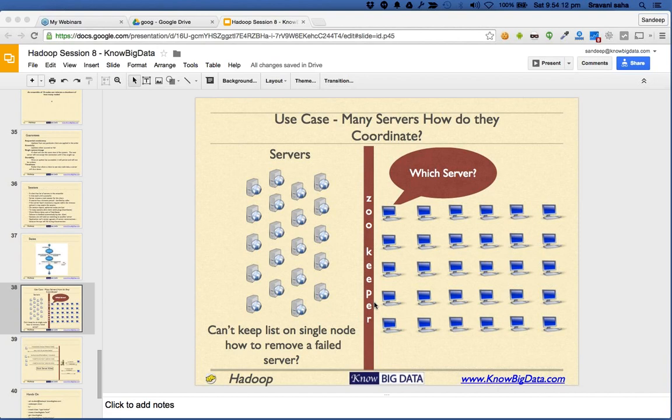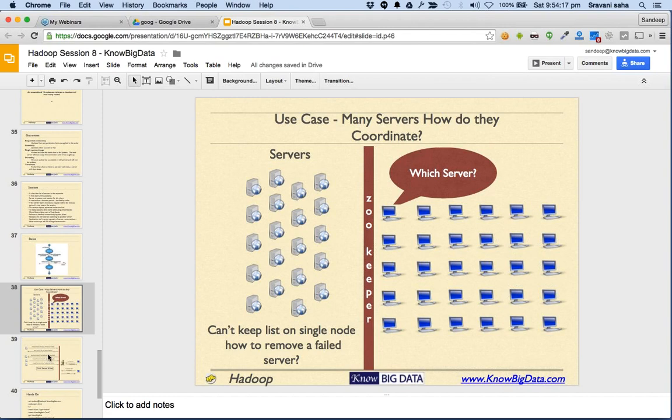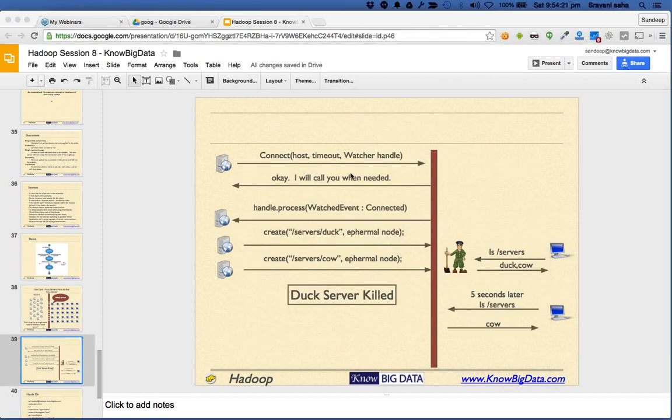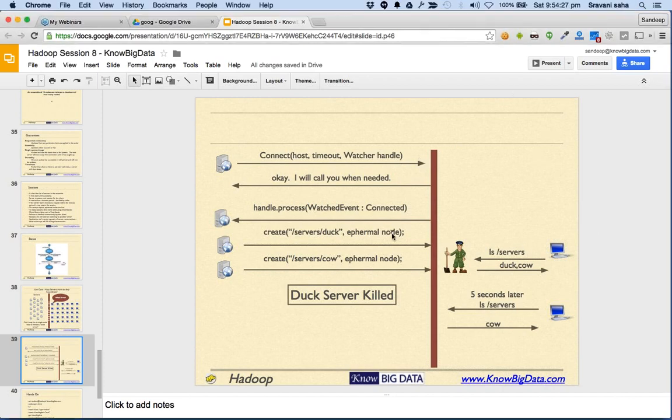For that, you generally use Zookeeper as the middleman. As soon as the data node comes up, it informs Zookeeper by creating an ephemeral node saying, hey, I am up. The same mechanism is also described here. The client connects to the server and says, can you create a node called duck under servers list, and then another machine comes up and says, can you create cow under the servers list?